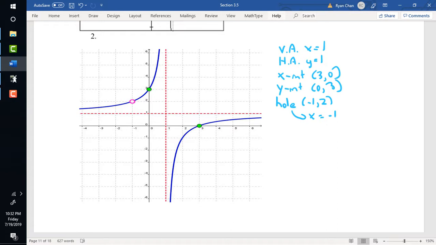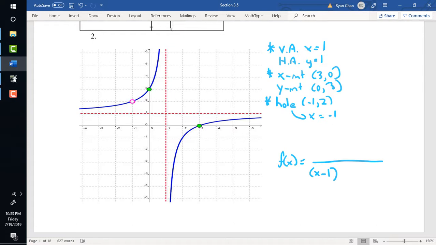So what do they mean in terms of my function, my f of x? The three that you always want to focus on first are your holes, your x-intercepts, and your vertical asymptotes. If I have a vertical asymptote at x equals 1, that means it doesn't exist on the bottom, so I put x minus 1 on the bottom.